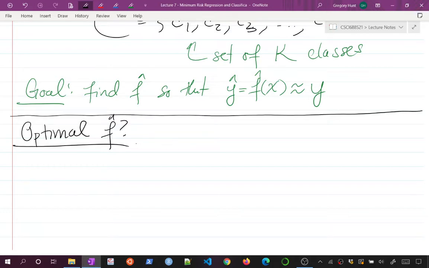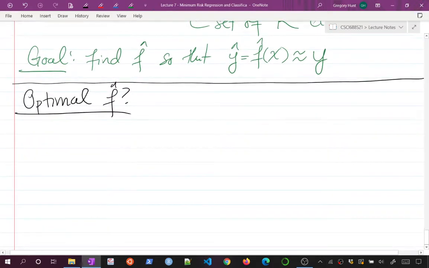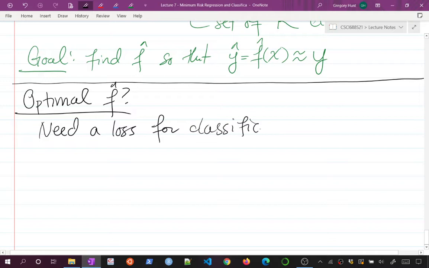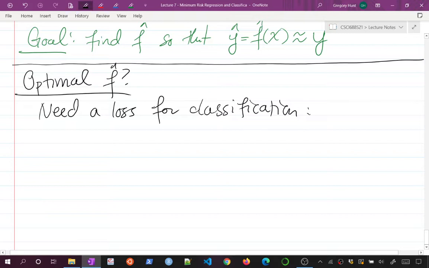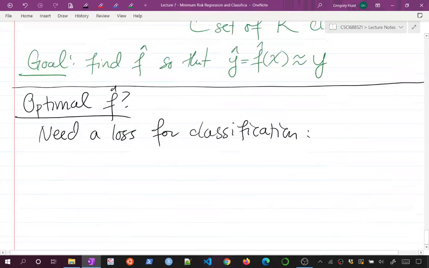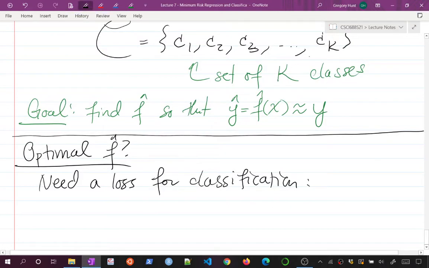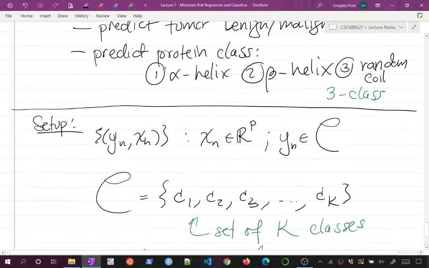Fear not, we're not going to spend forever deriving this, but we need a loss for classification. We had our squared loss for regression, but you can't really take a difference between discrete, categorical variables. What does alpha helix minus beta helix mean?